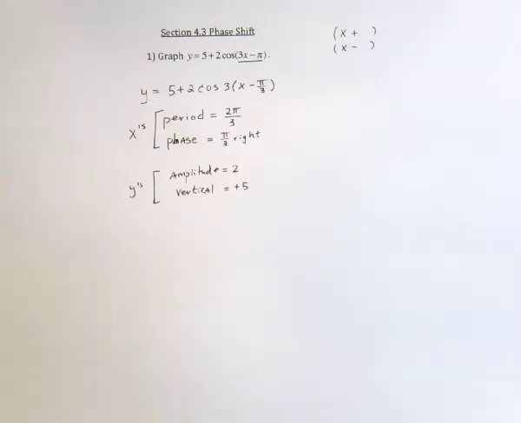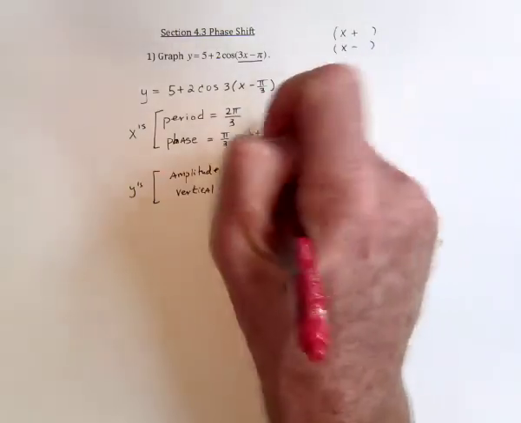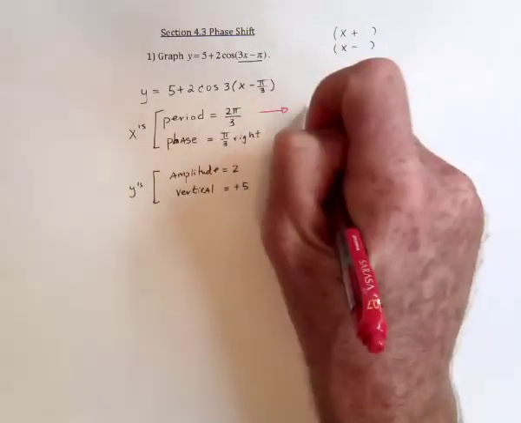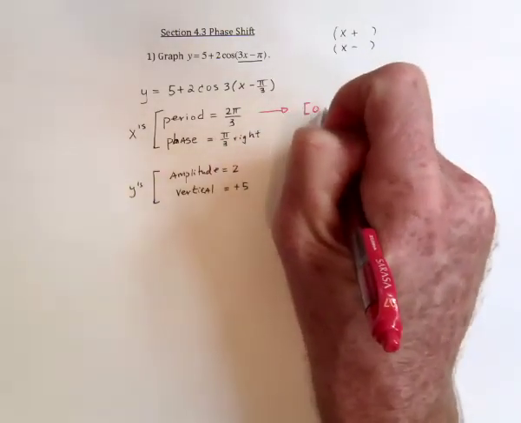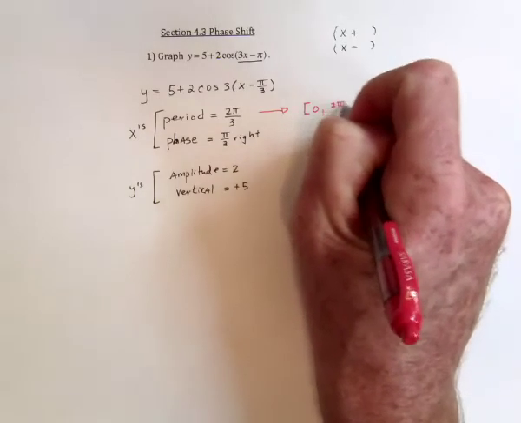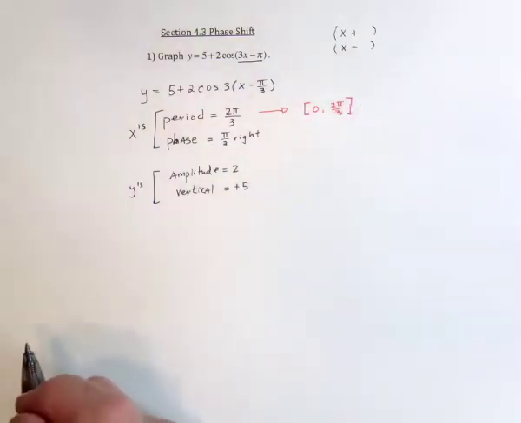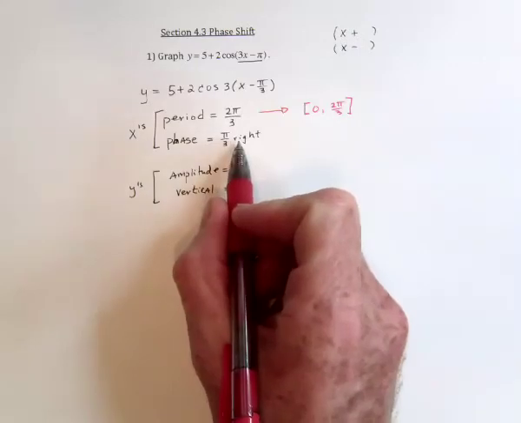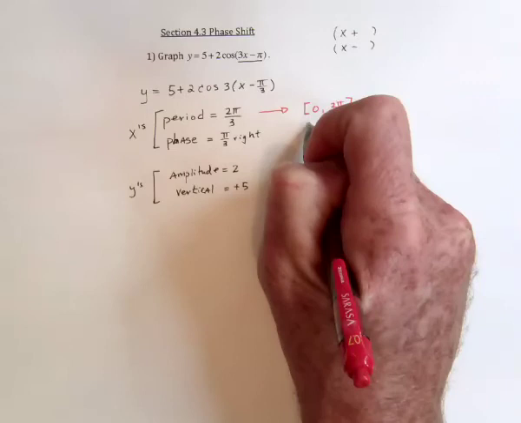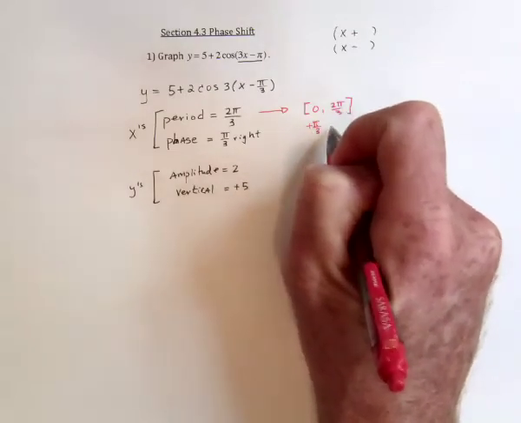So over here, if you look at the x information, this says that x is going to range from 0 to 2 pi over 3. And then this says go to the right by pi over 3. So we then need to add pi over 3 to both of these.